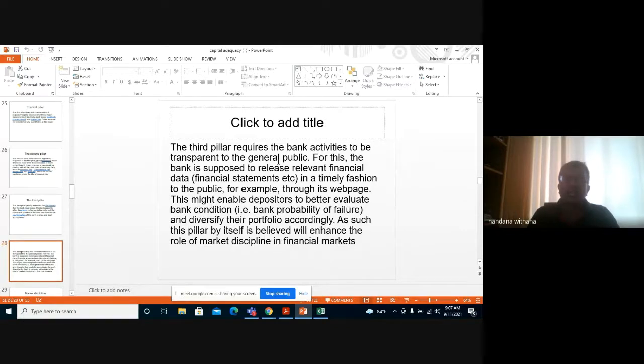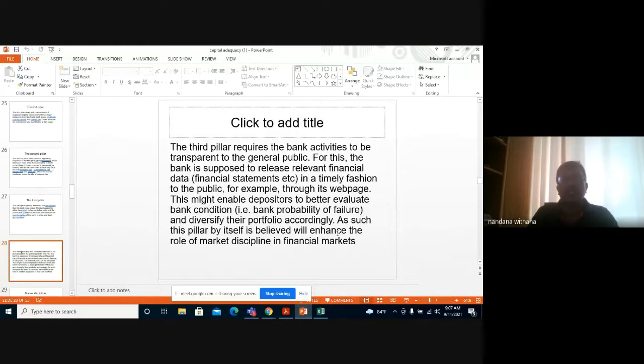And these financial statements must be updated in a timely manner. If not, your name will appear on the default board of the stock exchange. Name and shame you. For this, the bank is supposed to release relevant financial data in a timely fashion to the general public, for example, through its web page. This might enable depositors to better evaluate bank condition and diversify their portfolio accordingly.